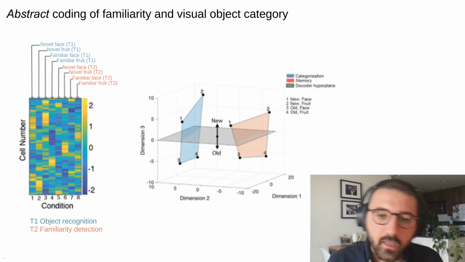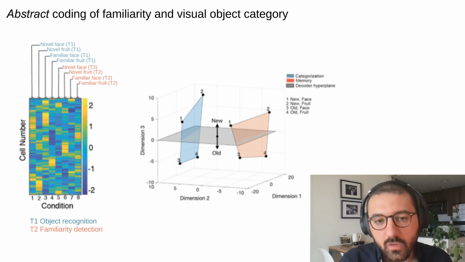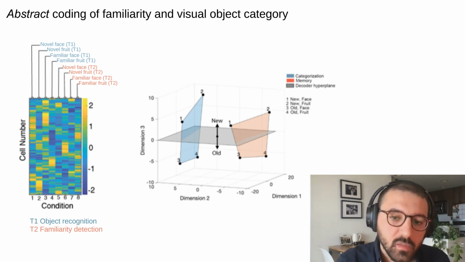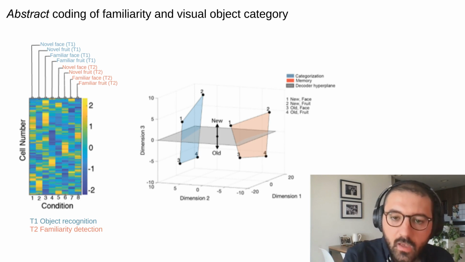The planes that I've highlighted correspond to task 1 and task 2, blue corresponding to instances, the 4 conditions when the subject is in a categorization block, and red corresponding to instances when the subject is performing a memory task.